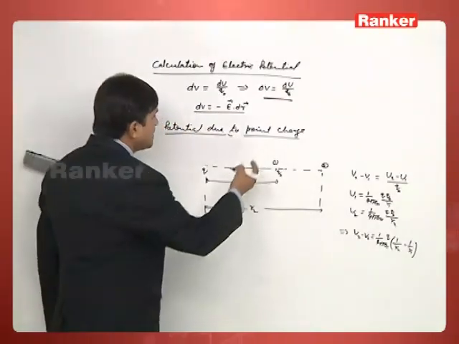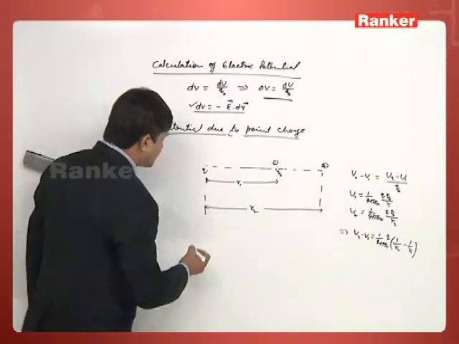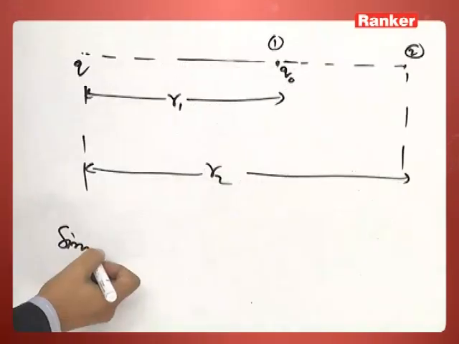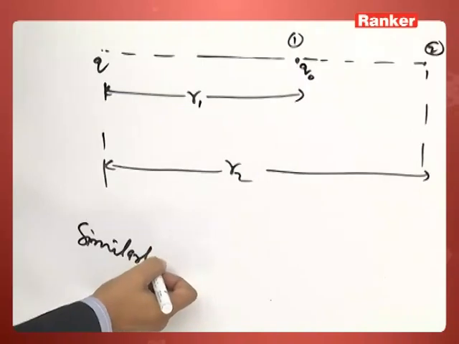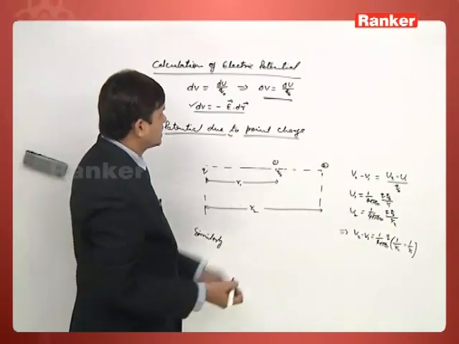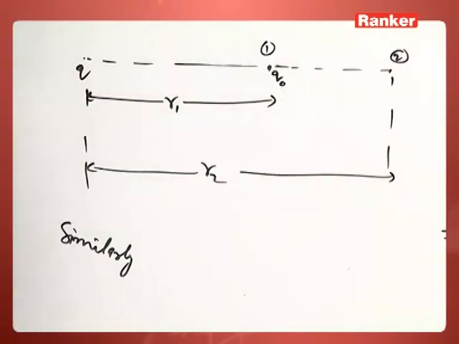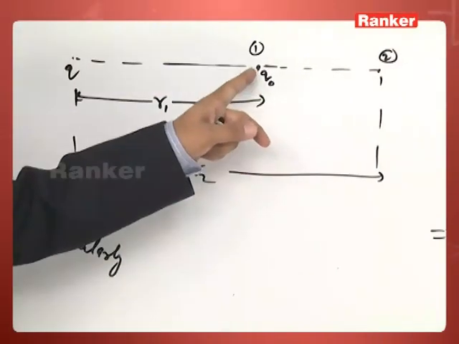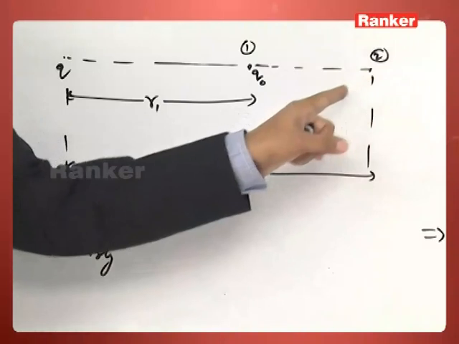Similarly, if we follow the other method, due to a point charge we know the electric field value, and electric field is inversely proportional to distance squared. So from 1 to 2 the electric field value is variable.